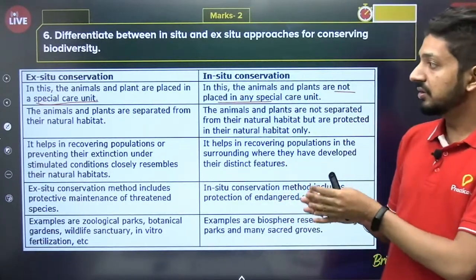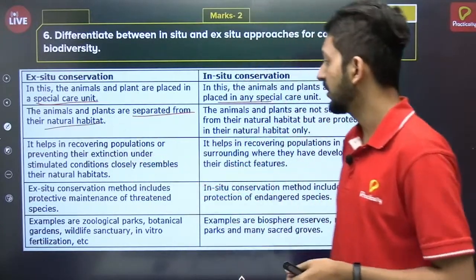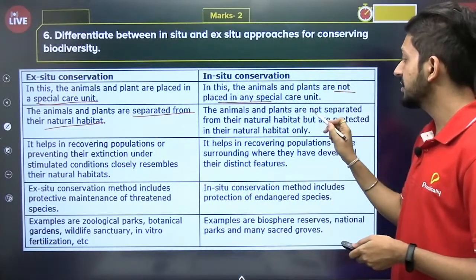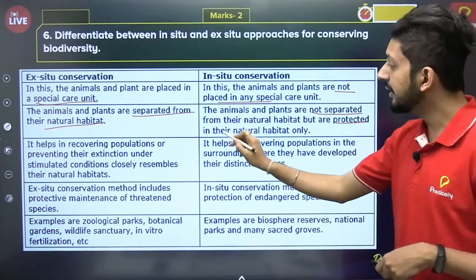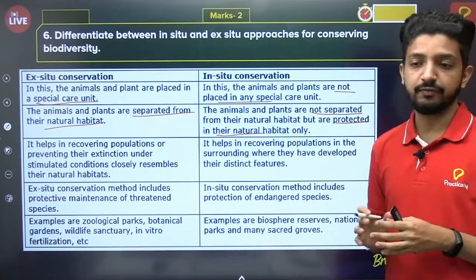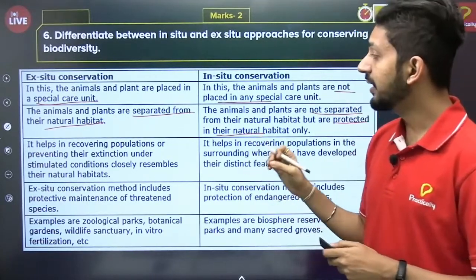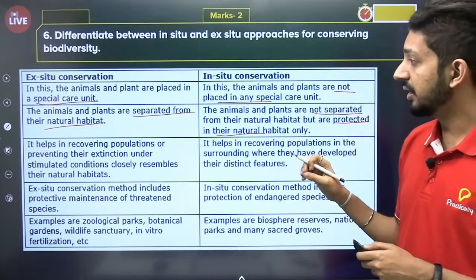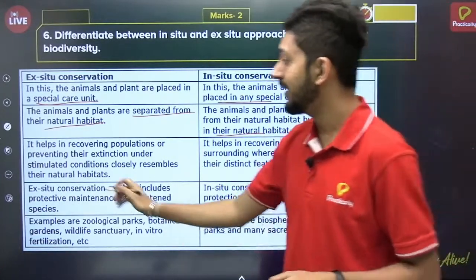So animals and plants are separated from their natural habitat, whereas here the animals and plants are not separated from the natural habitat, but are protected in their natural habitat itself.